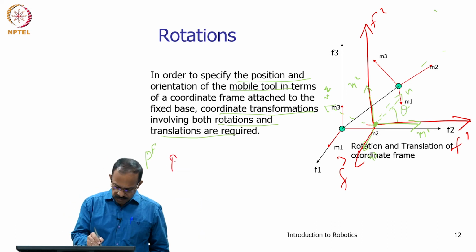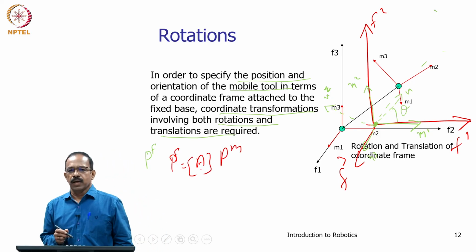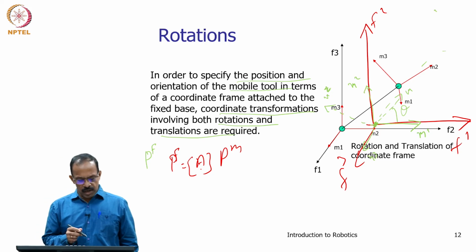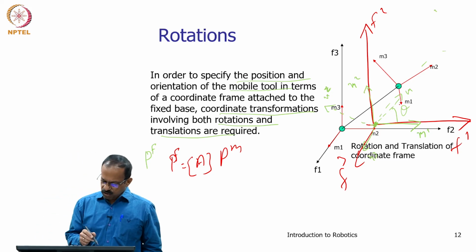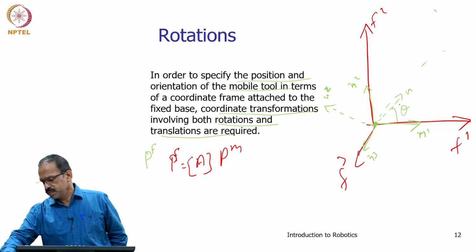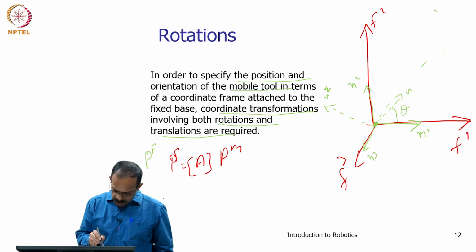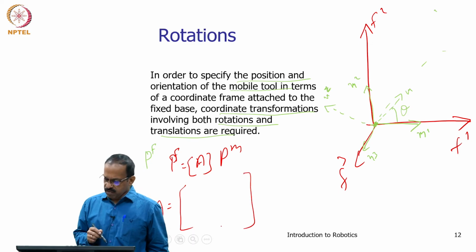We know Pf is A Pm, and A is the transformation matrix. Now, we want to find out what this A is when there is a rotation.